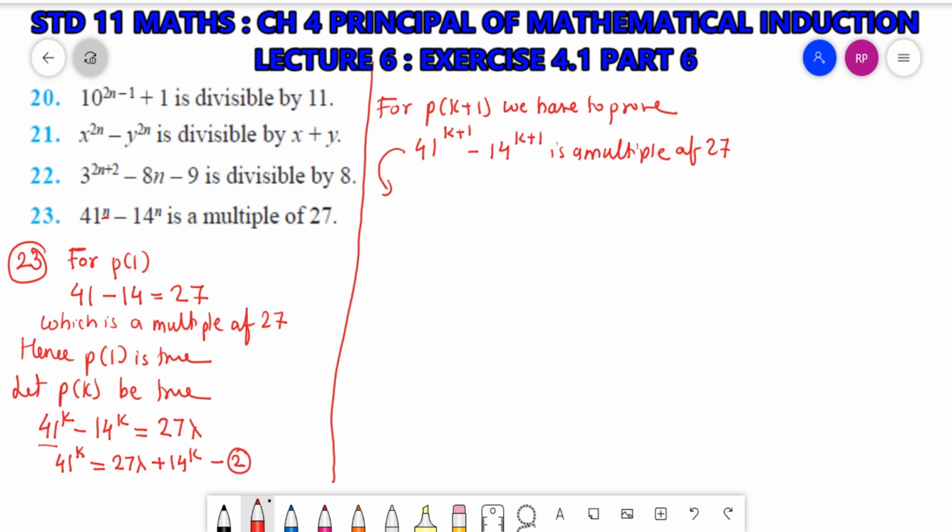So let's start with this. 41 raised to k plus 1 minus 14 raised to k plus 1.